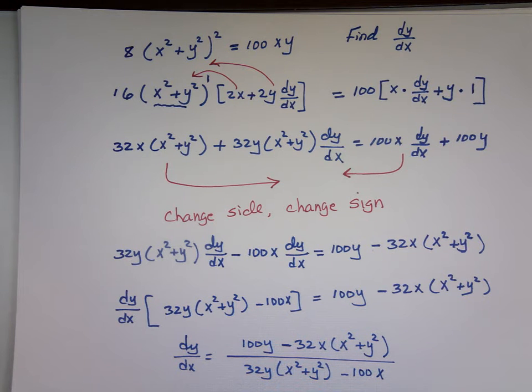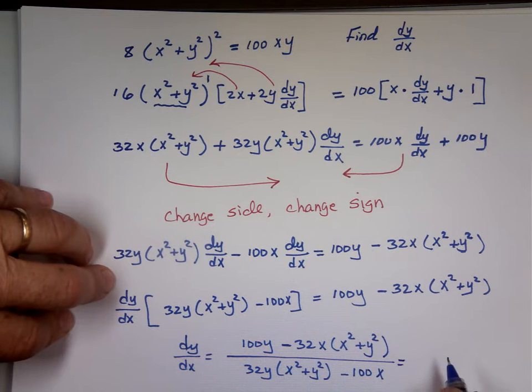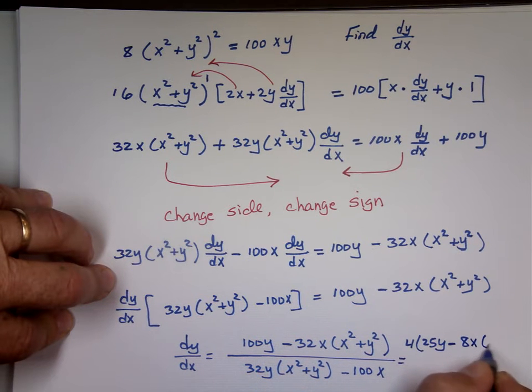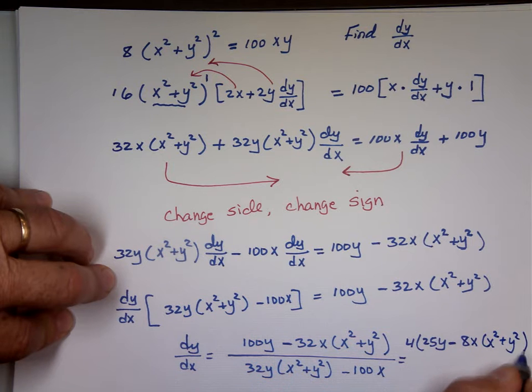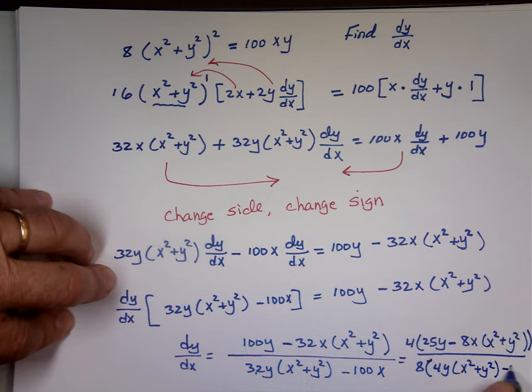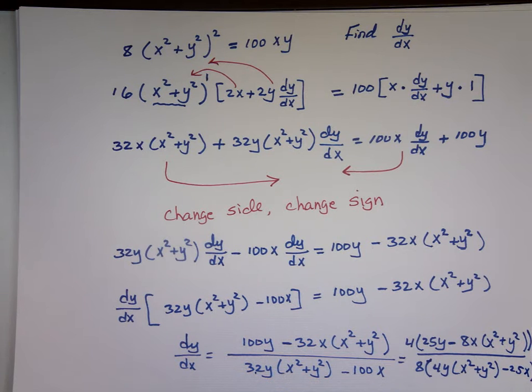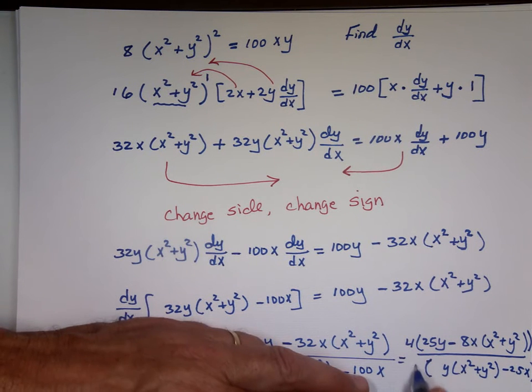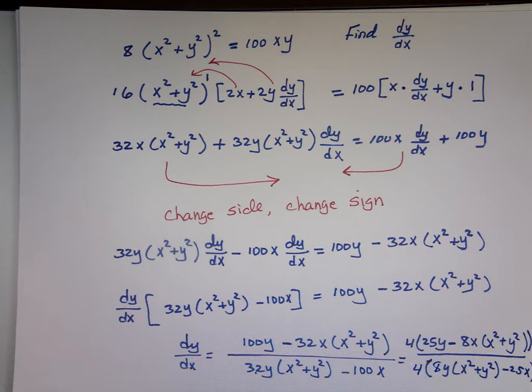So if you pull the 4 out, you get 4 times (25y minus 8x times (x squared plus y squared)), all over 4 times (8y times (x squared plus y squared) minus 25x). And what's going to happen to the 4s? They cancel.